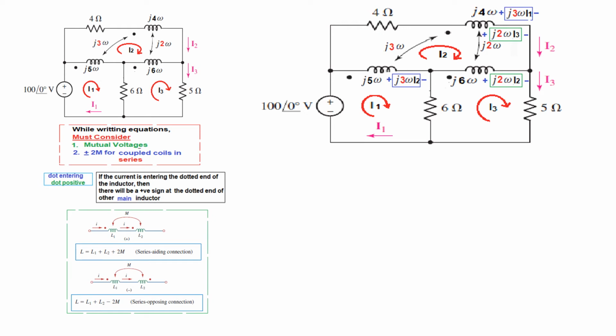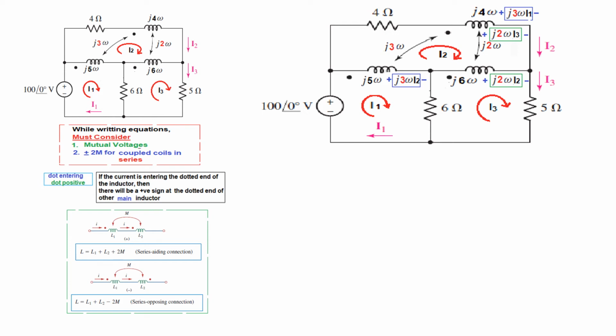So L1 is already there, L2 is there, and we are adding a plus 2M. The condition is that the current must enter at both the dots. Now if it does not enter both the dots, like here it is entering the first dot but the non-dotted terminal in the second coil, then instead of plus 2M we will write minus 2M.